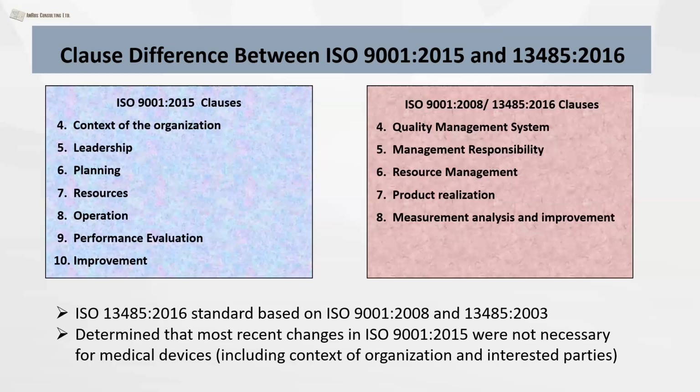Even though, if you see, there is a very close relationship to one another. Obviously, clause 4 deals with quality management system. It does not deal with the context of the organization. It was decided that that's not really required for the medical devices.